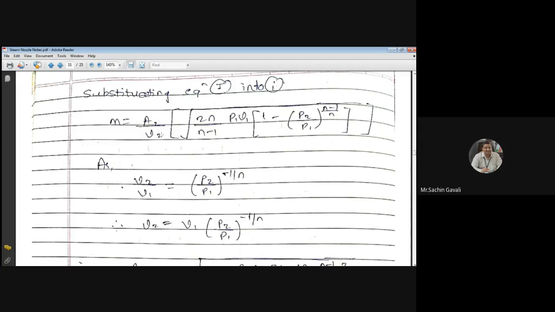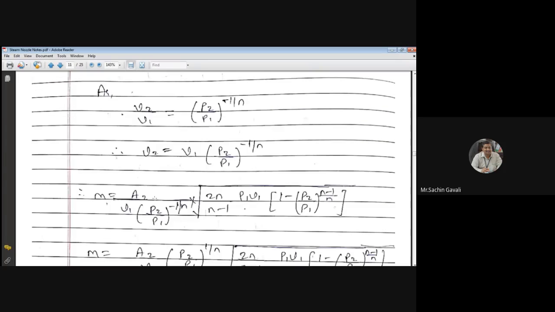Therefore v2 is equal to v1 into bracket p2 upon p1 raised to minus 1 upon n. This we have substituted, as in the last lecture.